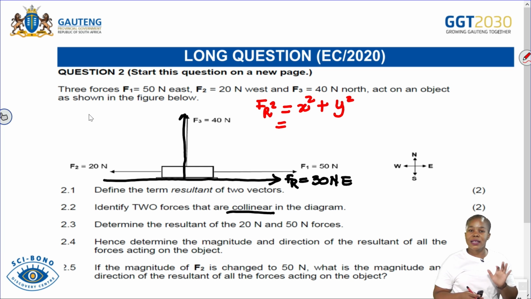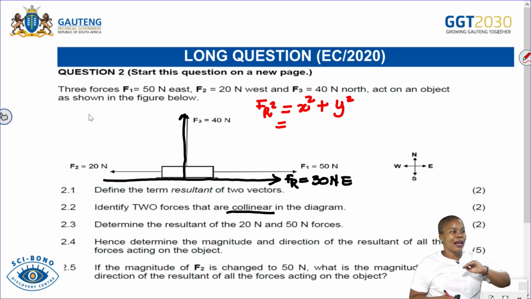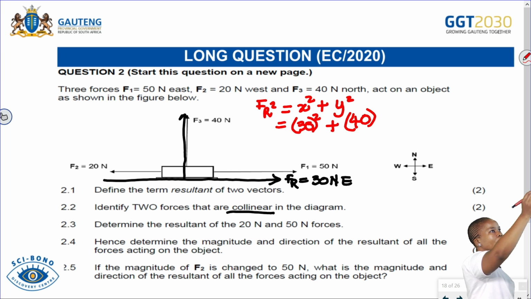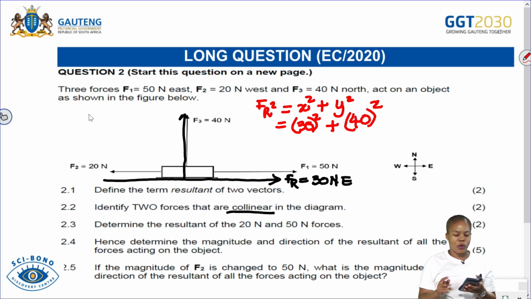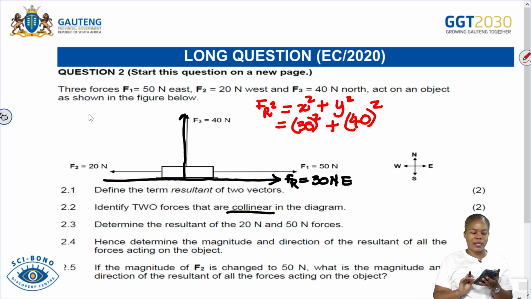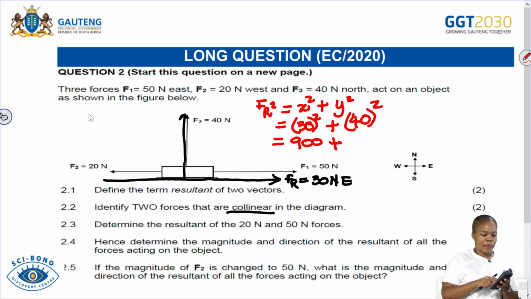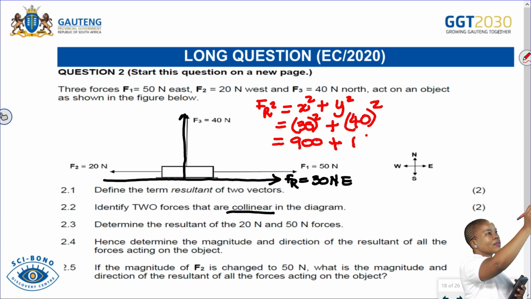In this case, the horizontal side is our 30 newtons to the east, plus 40, and then you punch that into your calculator. 30 squared is going to give you 900, plus 40 squared, 1600.